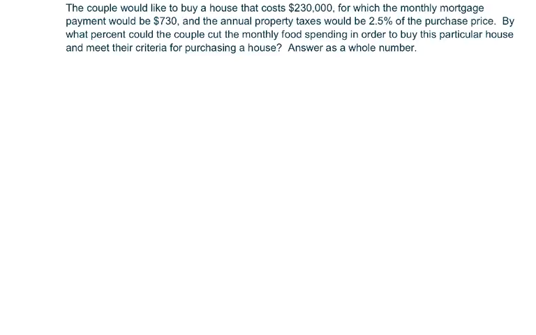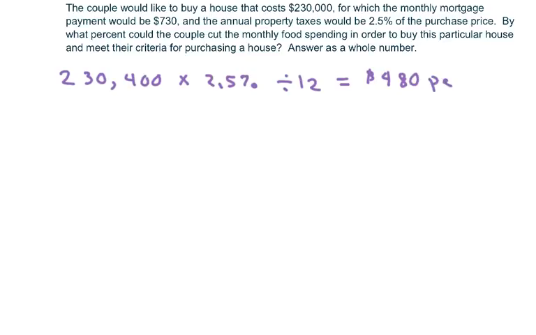We want to compute the property taxes of the home. That's $2,300,000 times 2.5%, divided by 12 because there are 12 months in a year, which equals $480 per month. So that's what they're going to have to pay for the property taxes.